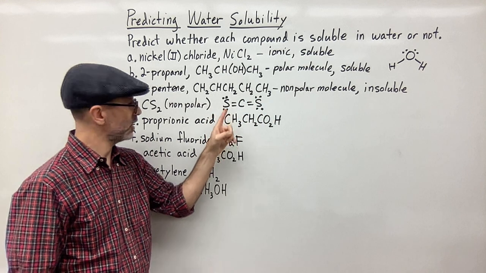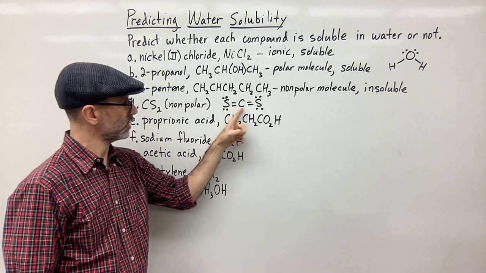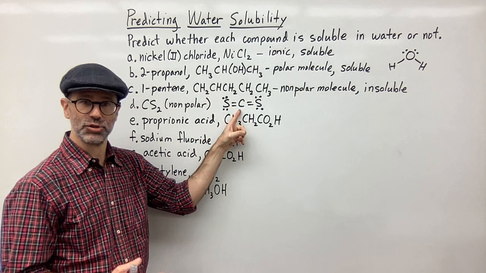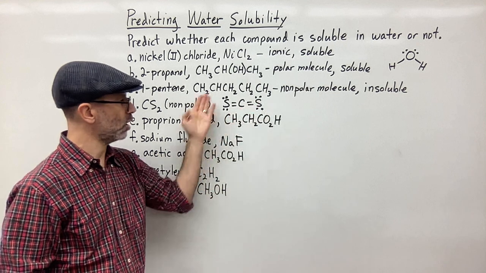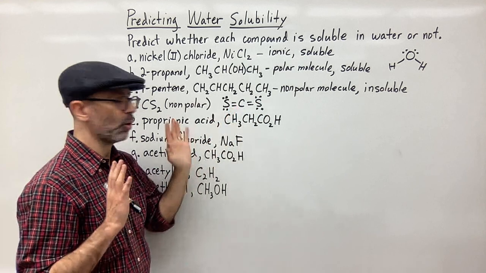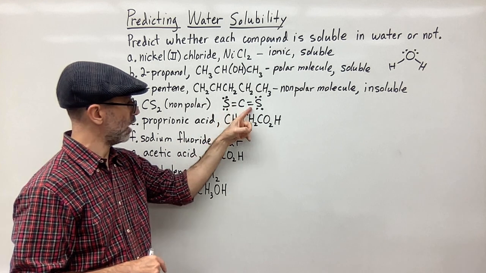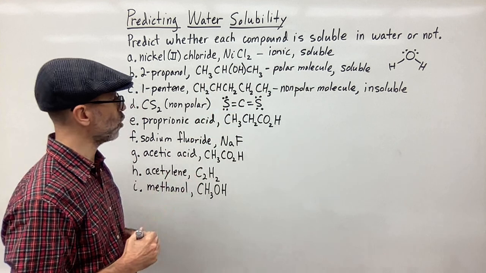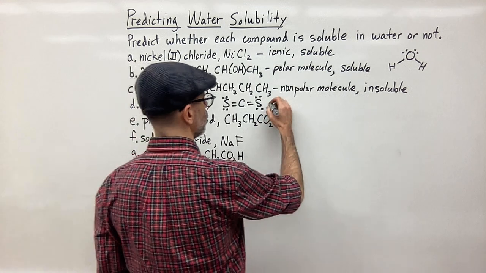Whatever polarity is in the bonds is going to cancel out, leaving no polarity in the molecule. So you have symmetry. The polarity is still in the bonds, but because of the symmetry, they cancel out. So the overall polarity of the molecule is zero.